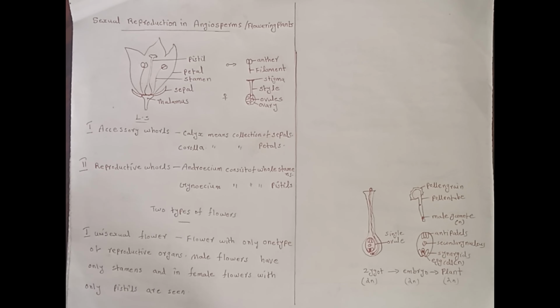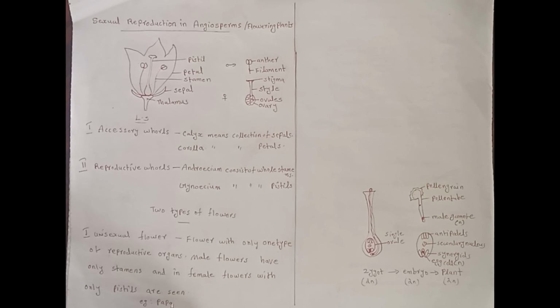Examples of unisexual flowers are papaya, watermelon, etc.